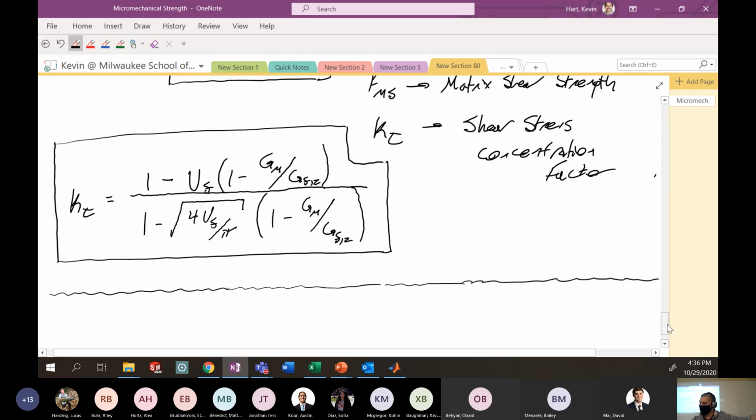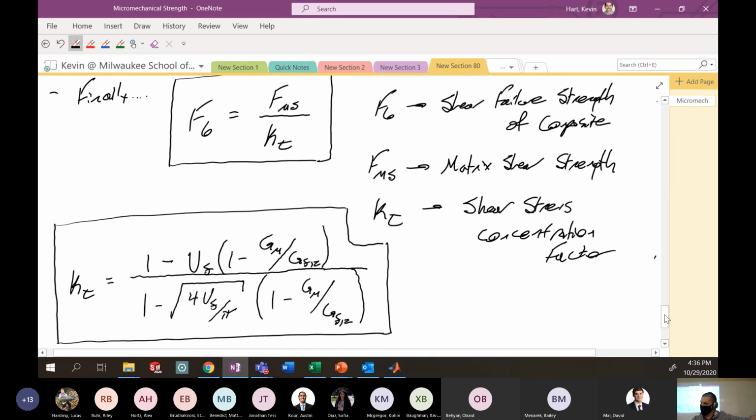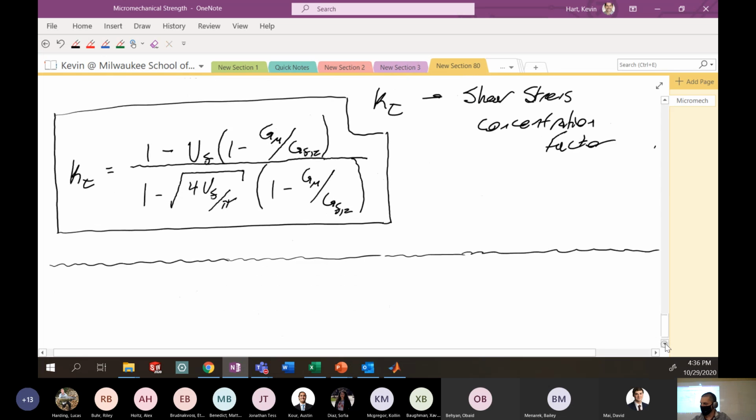Obaid asks, what's FMC? FMS is the failure strength of the matrix in shear. FMC is the failure strength of the matrix in compression, for Obaid.